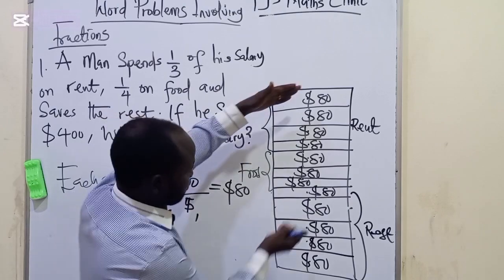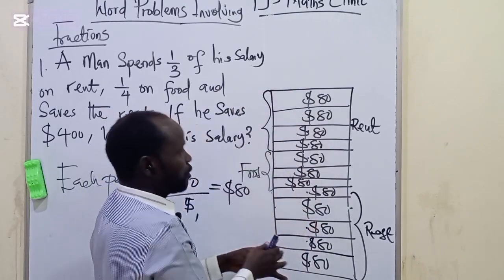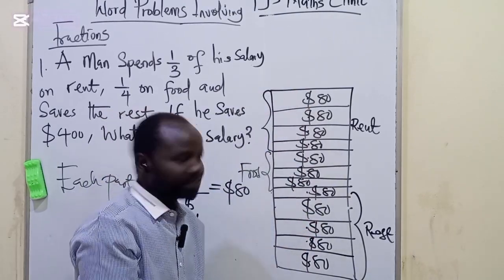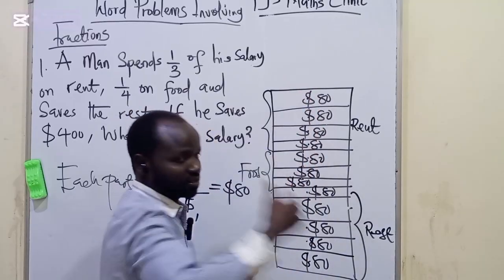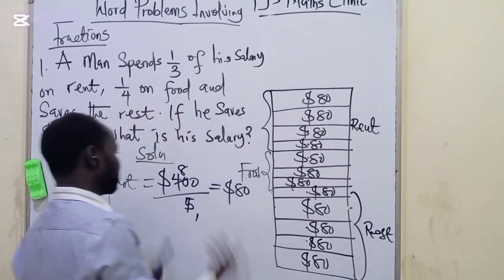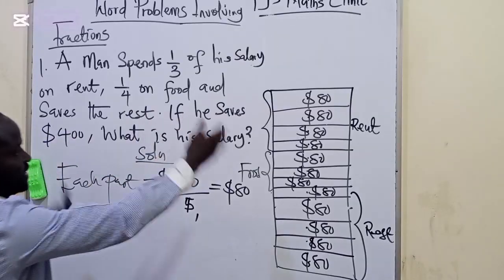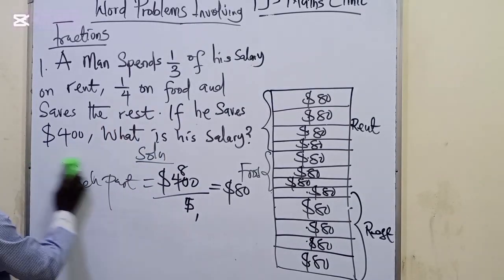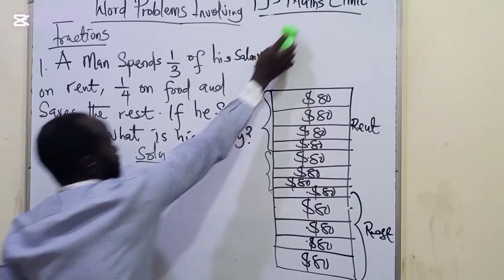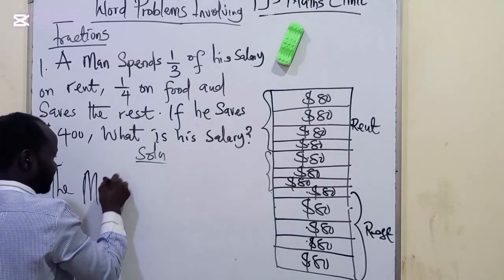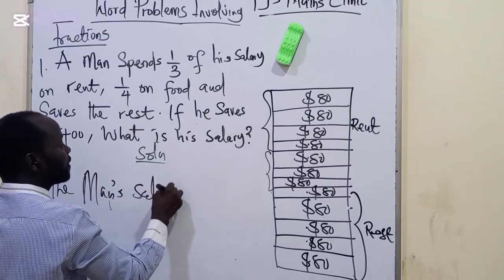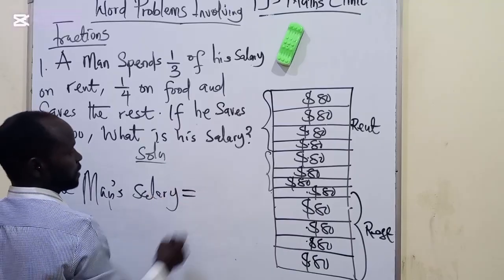To find his salary, we sum this or we multiply this 80 by 12 because there are 12 parts here. We can either sum 80 in 12 places or we multiply 80 by what? 12. Very important.